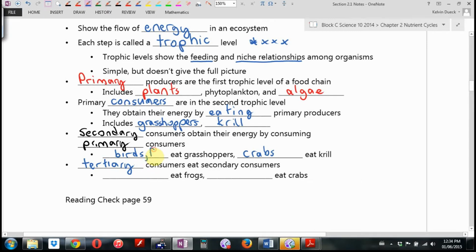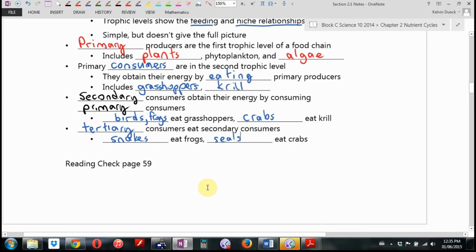We can put the word frogs, because frogs also eat grasshoppers. What eats frogs? Snakes? Other birds? What eats crabs? Seals? And we can keep moving up what you often called the food chain.